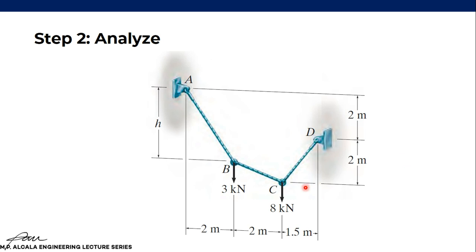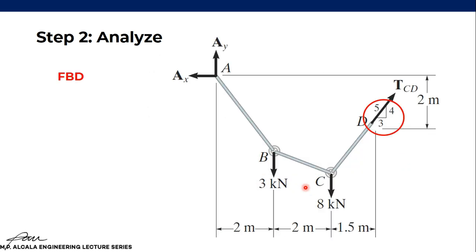Essentially, this is our free body diagram: the supports at A, the cable at B, point C, and point D, or the tension CD. Force B has an applied force of negative 3 kilonewtons, downward, and force C has an applied force of negative 8 kilonewtons, or 8 kilonewtons downward.